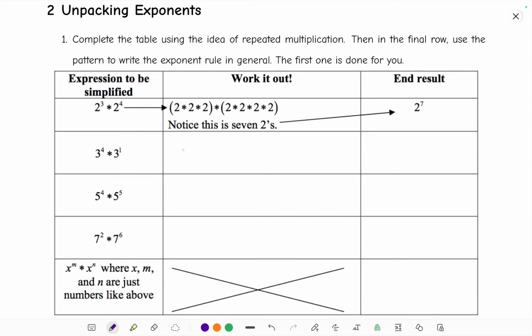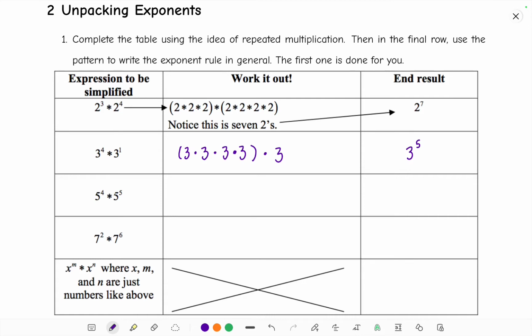So if we repeat this, we get 3 times 3 times 3 times 3 times 3. Well, now that there's 5 3's, that's 3 to the 5th power.